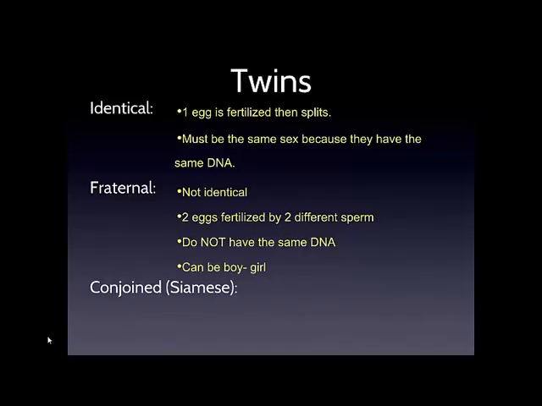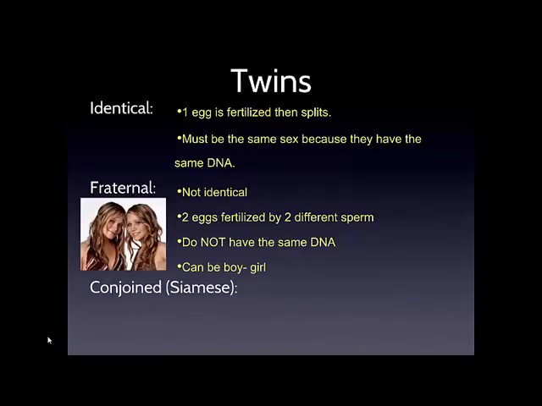They don't completely separate. And so each grows into its own fetus, but they share certain organs with each other. They are connected, conjoined with each other. So they're identical twins, but the zygote doesn't split completely.